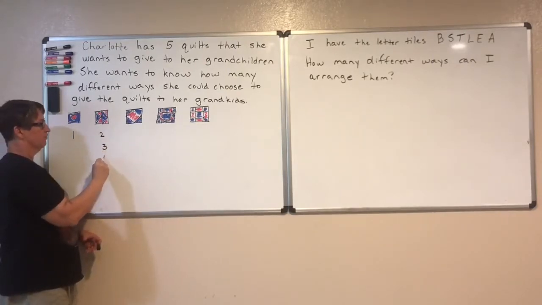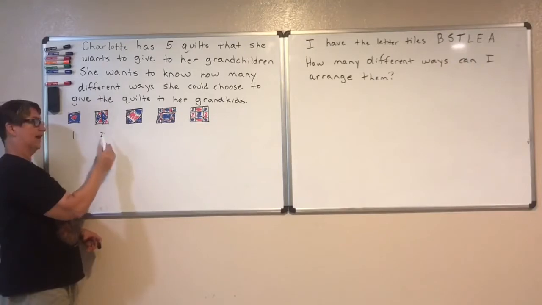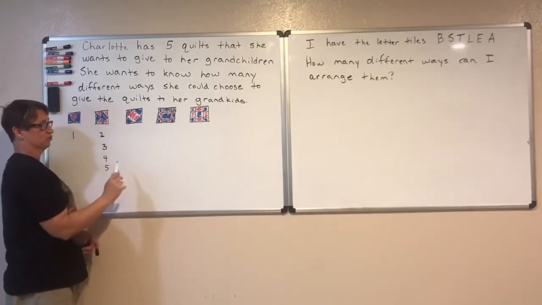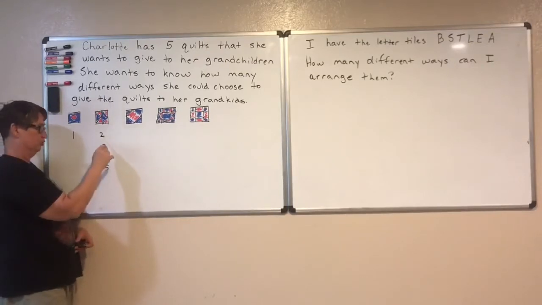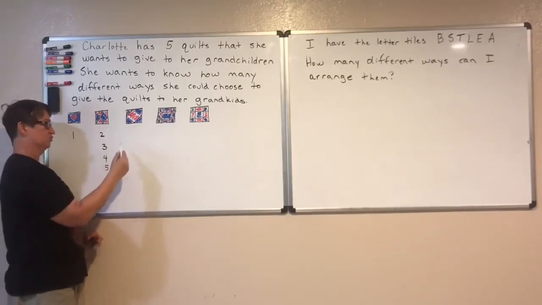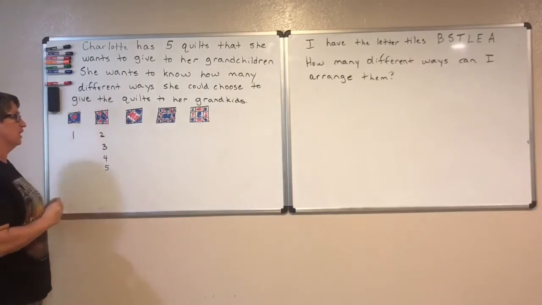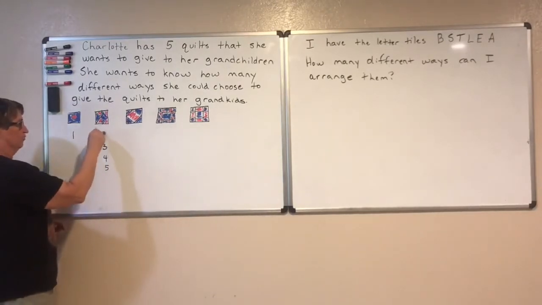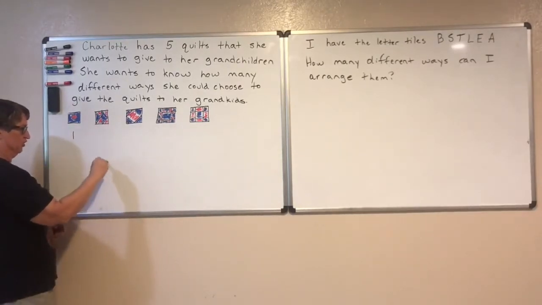Then from there, now she's chosen 2 of her grandchildren, so she only has 3 grandchildren to choose from. So if she chose 2, then on the next one, maybe she chooses 3. So each time she has 1 less grandchild to choose from.